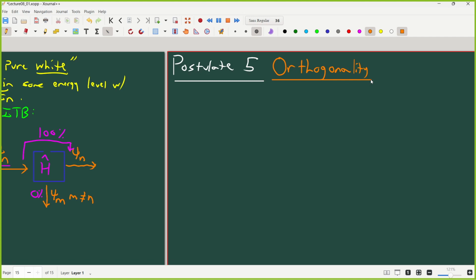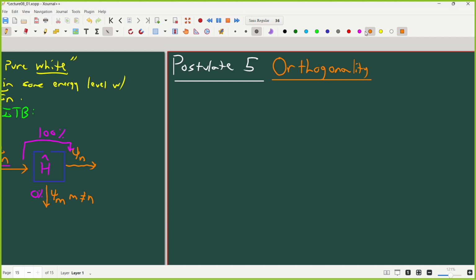All right, so let me make a statement about what orthogonality says. And all I'm doing is I'm formalizing the exact same conversation we just had. That once a particle is in a very particular state, it never leaves it, and it has no probability of being in any other state until you do something to it, manipulate it. But as long as we're just kind of measuring the particles, not manipulating them, it will always stay the same.